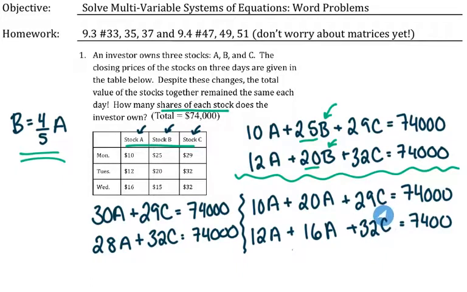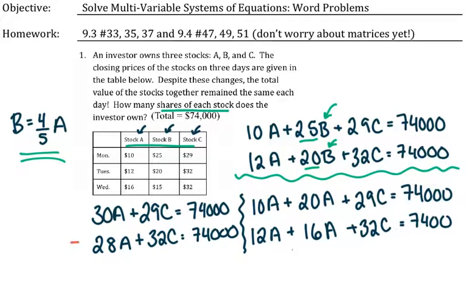There was a small typo here that I've now fixed. So now we have a 2 variable system, 30a plus 29c and 28a plus 32c. And what I'm going to do is I'm actually not going to eliminate a variable.